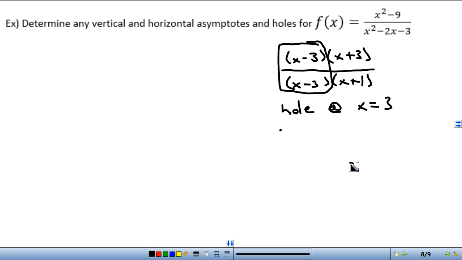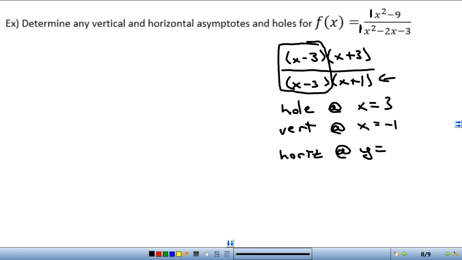I have a vertical asymptote at x equals -1. That's what this tells me. And I'm going to have a horizontal asymptote that's a ratio of the coefficients, 1 over 1, because these are both the same power, x squared, x squared. So horizontal asymptote at y equals 1 over 1, which is just 1.